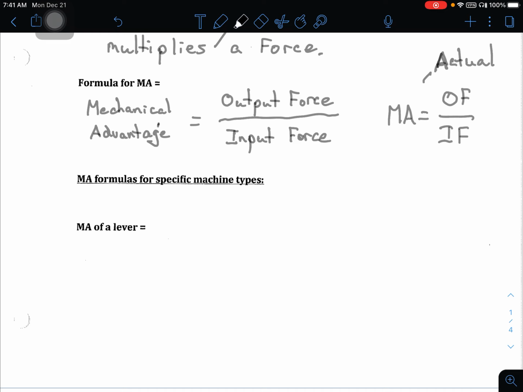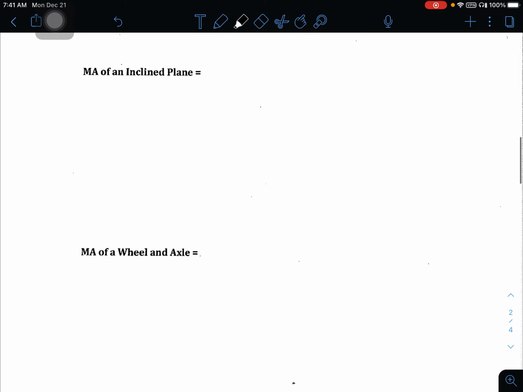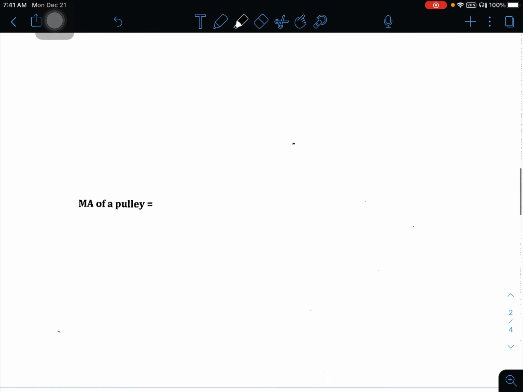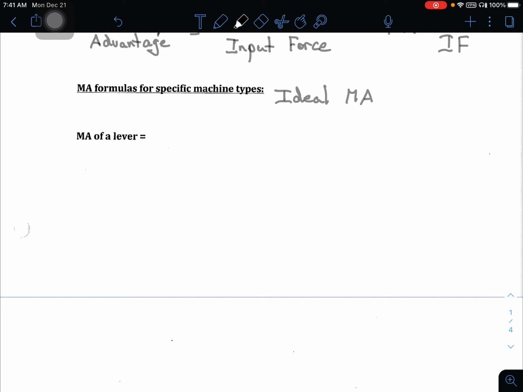The calculation of these are going to be what's called our ideal mechanical advantage. They are not going to take into consideration the factor of friction. So these are what is supposed to happen without friction. They're useful formulas that we can use to calculate the mechanical advantage. We're going to go through a couple of the simple machine types. So let's start with a lever.